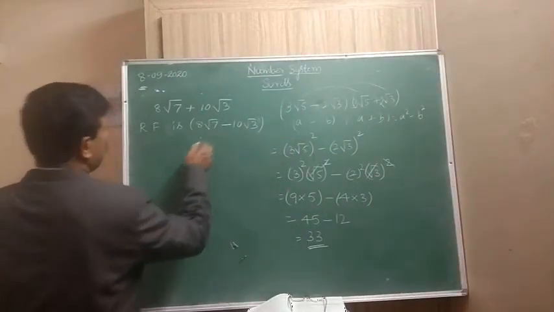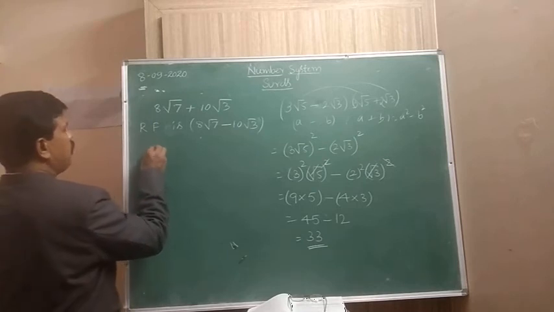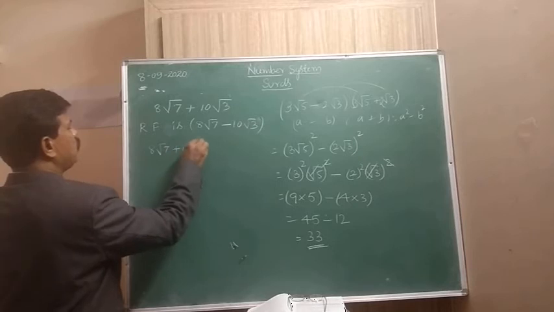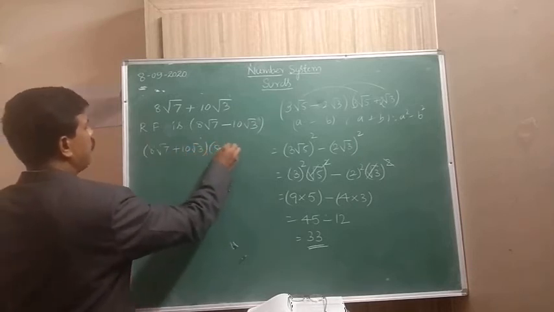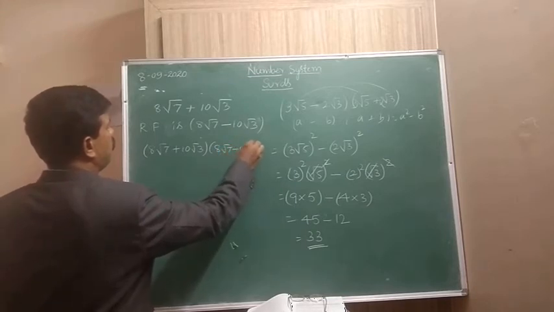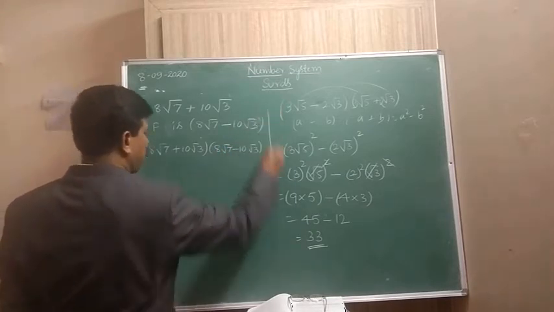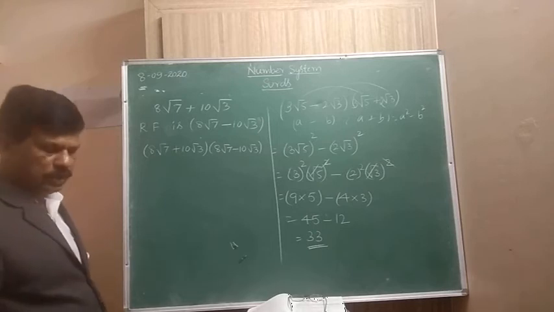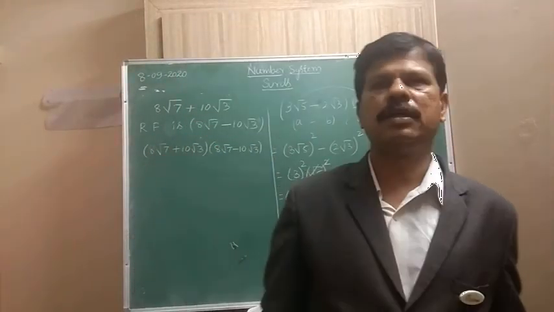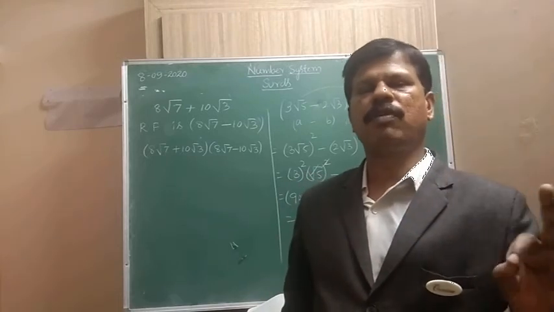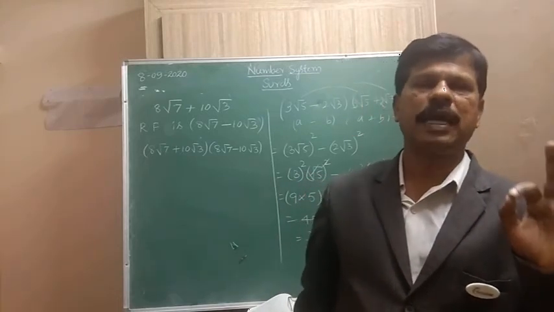Now after this you write down the product: 8 root 7 plus 10 root 3 into 8 root 7 minus 10 root 3. And one thing you should remember, in rationalization of the denominator, we are writing the RF of the denominator, then it is always in the form of a plus b into a minus b.